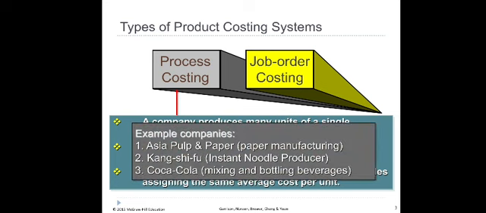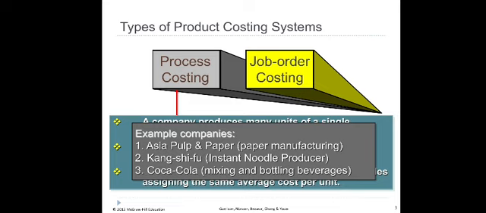The examples of companies that use process costing. Here there are 3 examples. First, Asia Pulp and Paper, paper manufacturer, and then the second one is Kang Shifu, instant noodle producer, and then number 3, Coke, the soft drink that we always take.